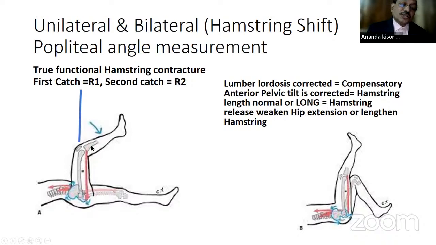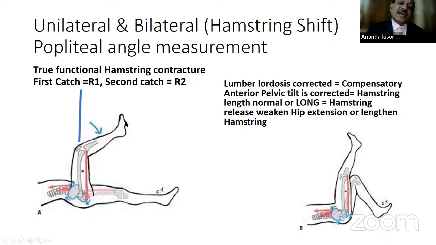In this position, the affected hip is flexed 90 degrees, and suddenly we extend the knee. The first catch is R1. If we give sustained pressure to extend the knee, ultimately it ends up at the second catch, which is R2.